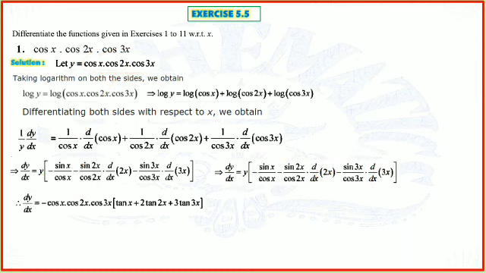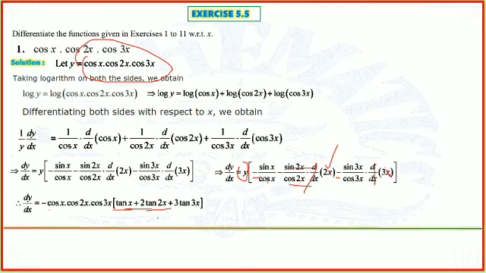So we have taken this minus common. Minus outside, and the value of y we have put from here, and then sine upon cos is tan x, then plus 2, and sin 2x upon cos 2x is tan 2x, so 2 into tan 2x, and plus 3 into tan 3x, and that is all about this question, question number 1.